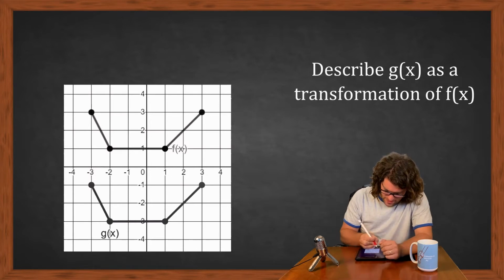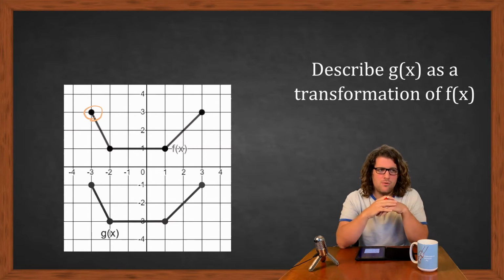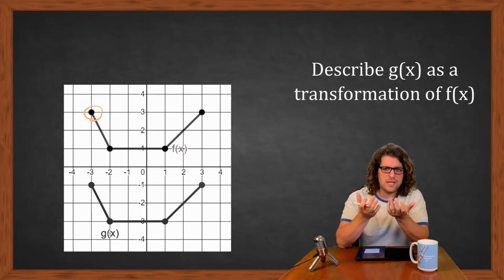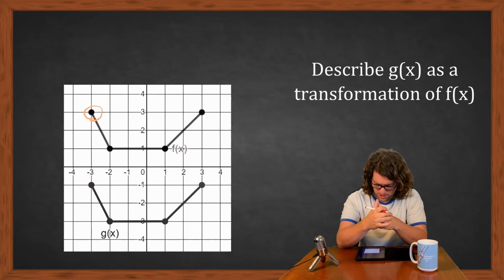If I said that this point right here was an important point, what I mean by that is it's a recognizable point that I'm not going to confuse for a different point in the second graph. So it is the edge or the first end point of this particular f of x function. Any of those four that are marked off on the graph would be pretty reasonable.